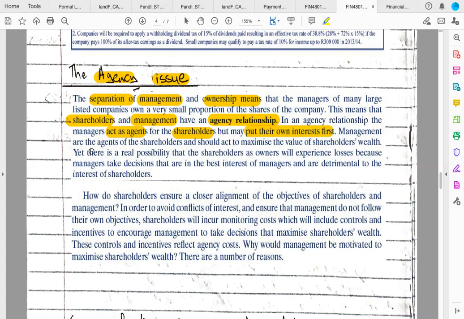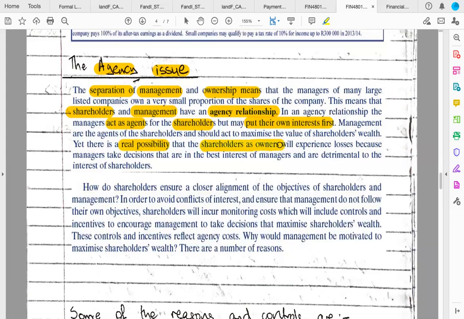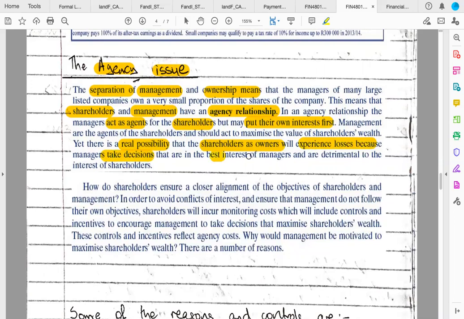So management are agents of the shareholders, and they should act to maximize the value of shareholders' wealth. But there's a real possibility and a chance that the shareholders and the owners will experience losses because managers might take decisions that are in the best interest of managers rather than the best interest of the shareholders. So that's an agency problem.